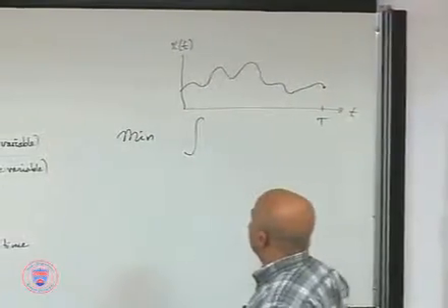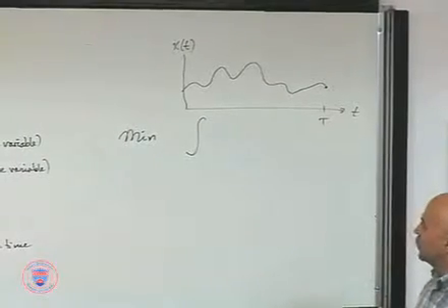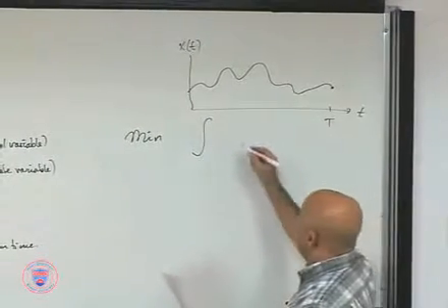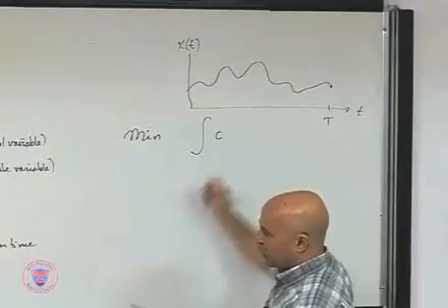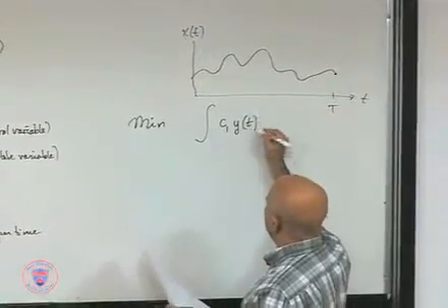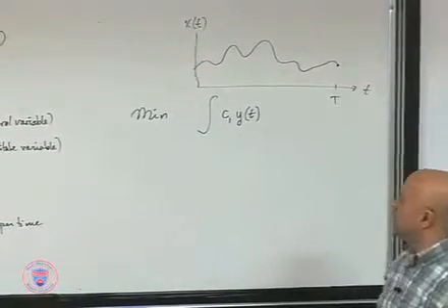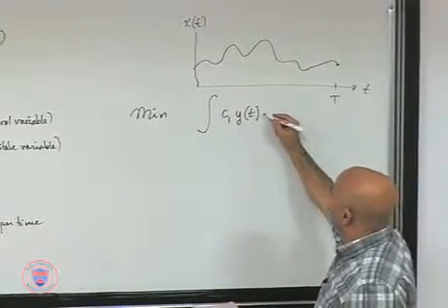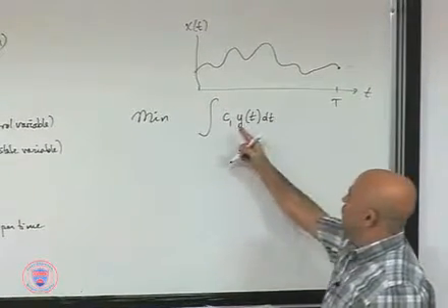Now, the holding cost will be C1 times y of t, the inventory level at time t, dt.